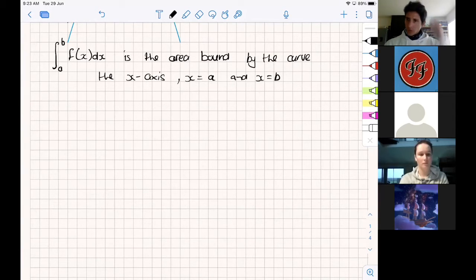Right, now I'm going to draw a little graph to explain to you exactly what this means. Okay, so if you want, you can draw along with me. Here we go. Just a small little Cartesian plane, and I'm going to draw a function that looks something like this.